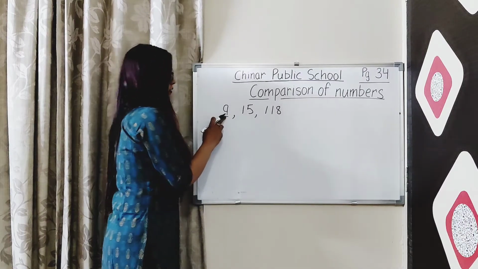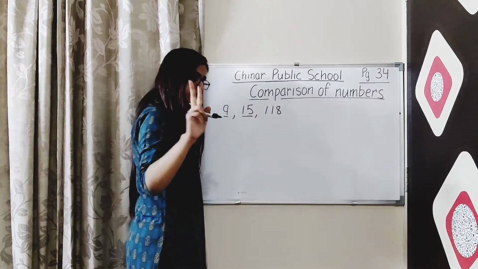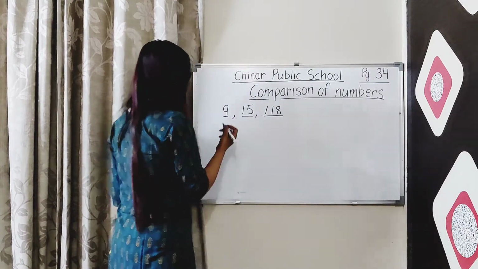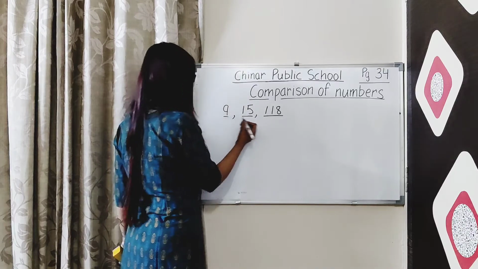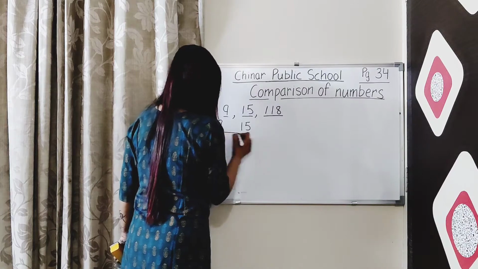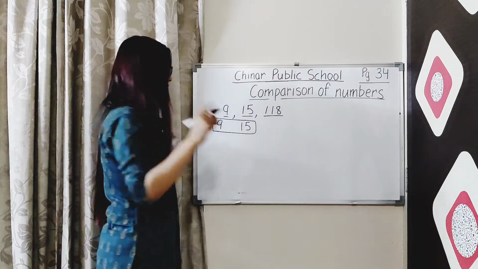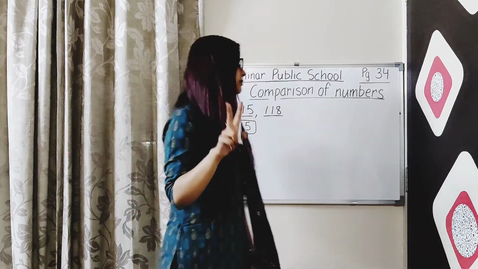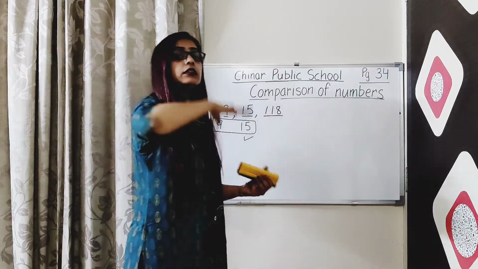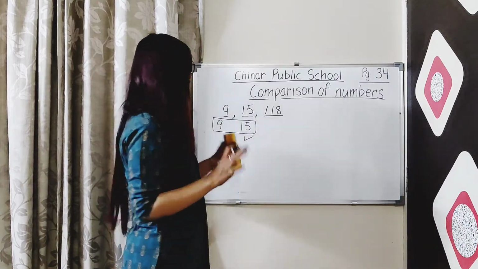This 9 has one digit, this 15 has two digits, and this 118 has three digits. If I compare 9 and 15, this 9 has one digit and this 15 has two digits. The number having more digits will always be the greater number. So here, this number has more digits, so it will always be bigger.